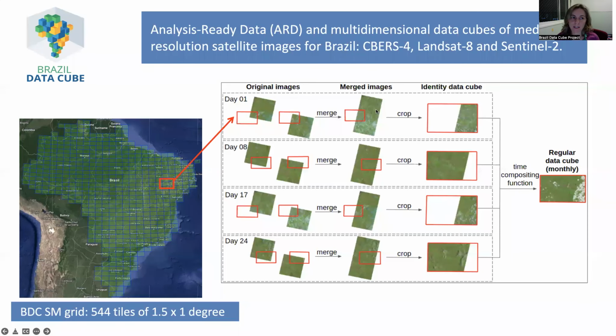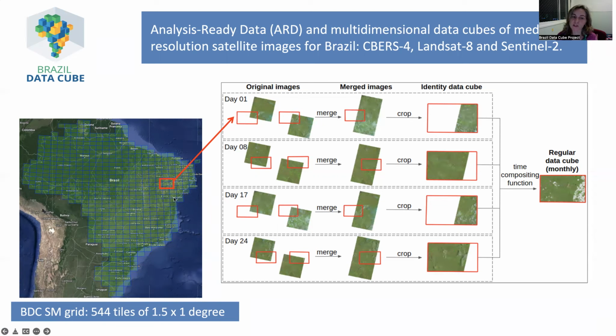In the Brazil Data Cube project, we are producing analysis data and multidimensional data cubes of medium resolution satellite images for Brazil, using the satellite images of CBERS-4, Landsat 8, and Sentinel-2. To produce these data cubes, we define a grid that covers the entire region of Brazil, as you can see here.